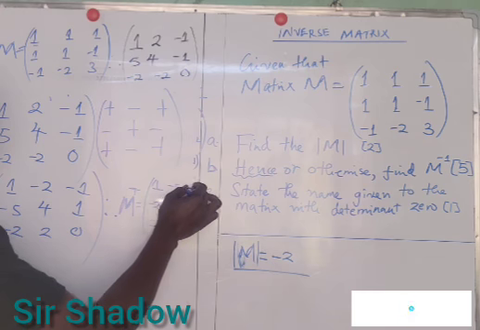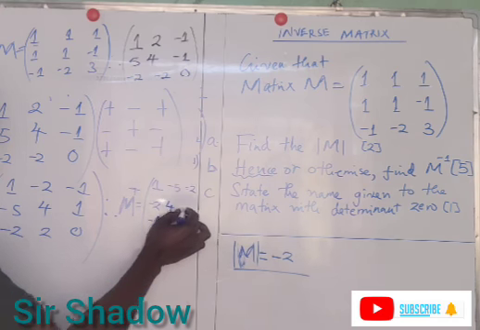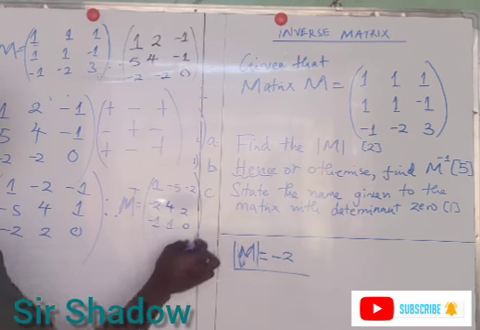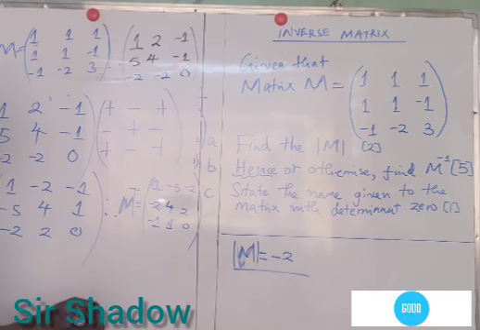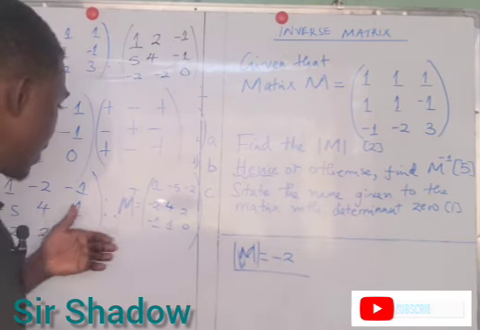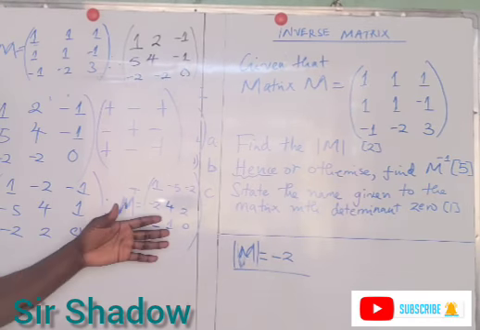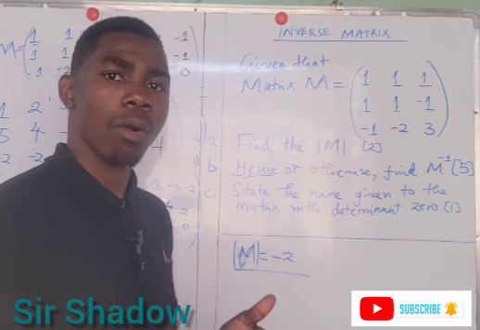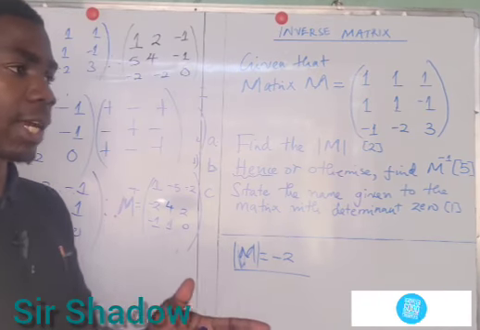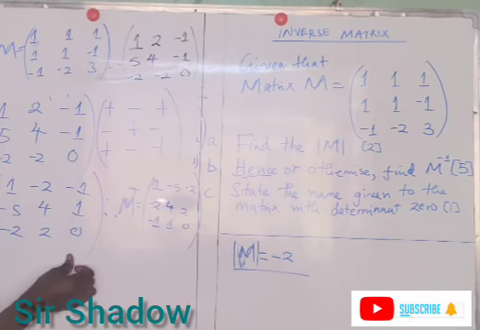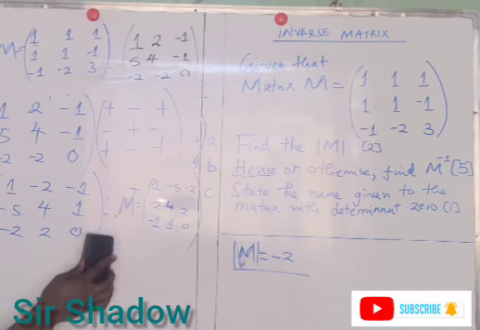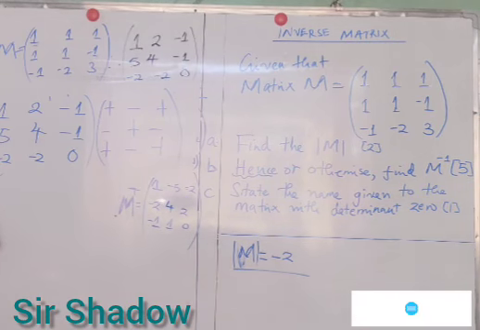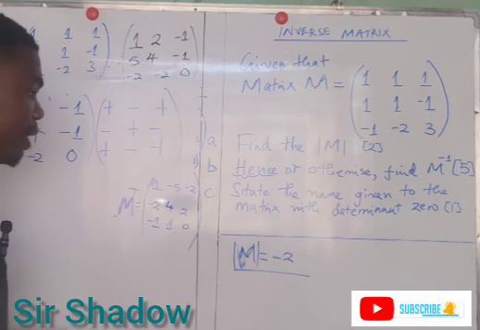Then a minus 2 here, a 2 here, and a 0 here. This one is the transpose of matrix M, after finding the cofactors and the minors. Now we have the transpose.